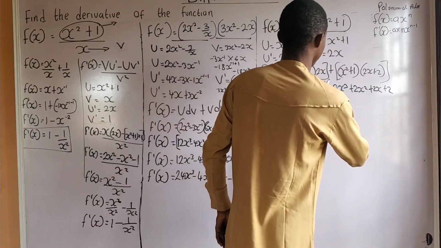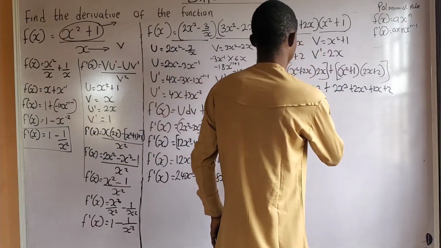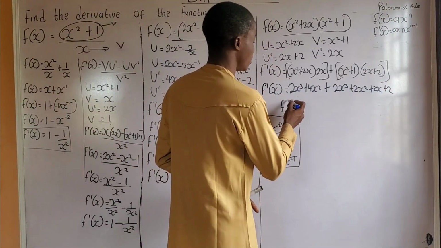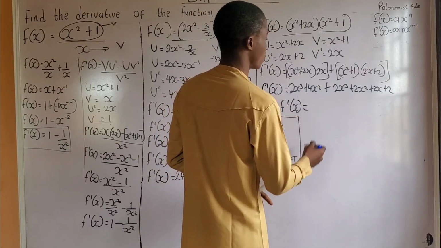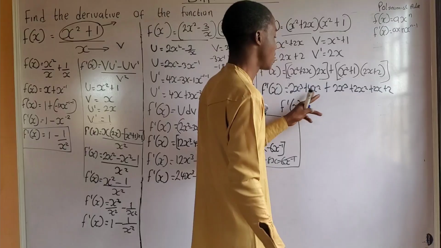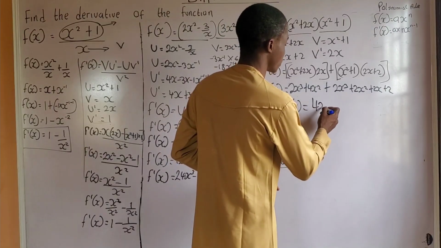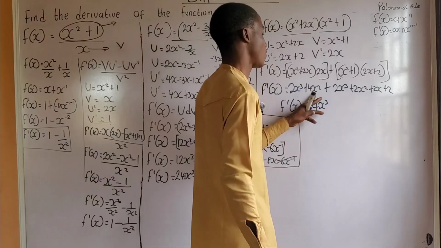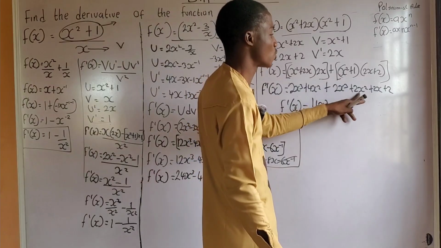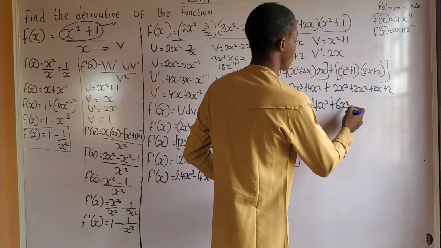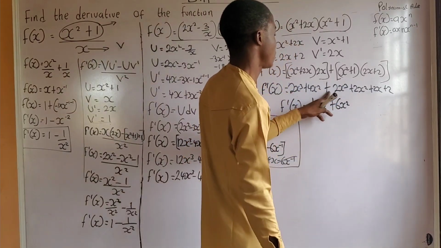Okay. So the next step is that you have to collect like terms. So I'm going to have the derivative of f of x equals, now 2x to the power of 3 plus 2x to the power of 3. What are you going to have? That is 4x to the power of 3, right? 4x squared plus 2x squared. That is 6x to the power of 2, okay?